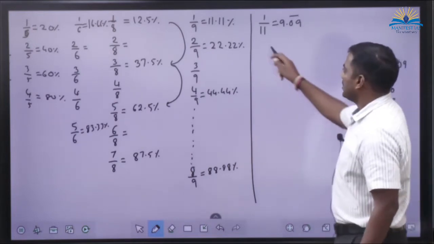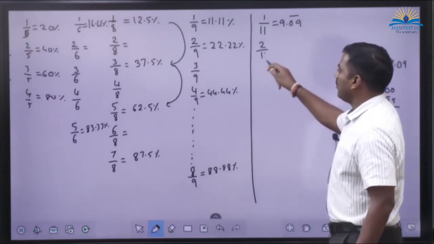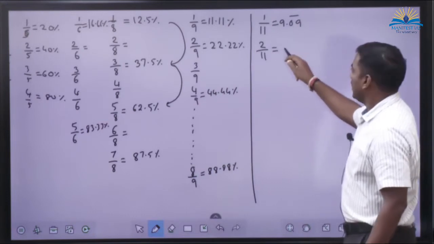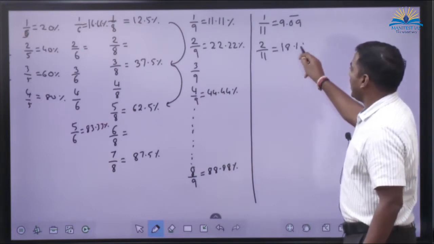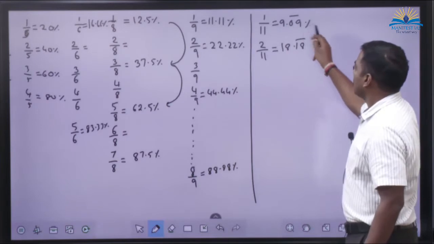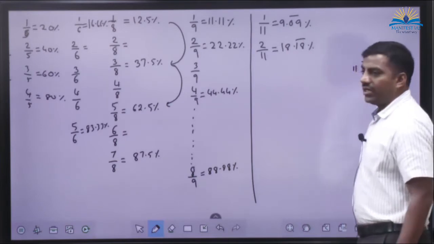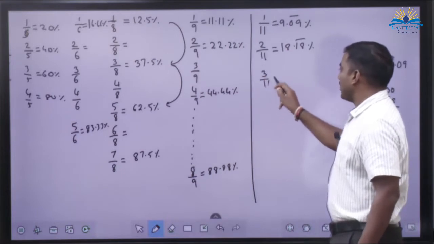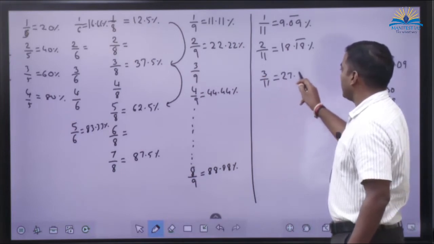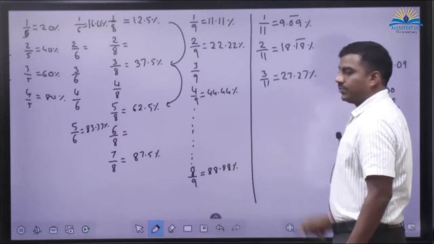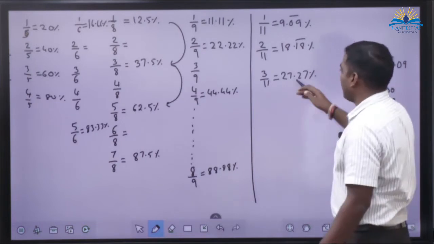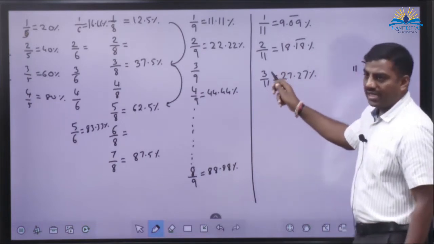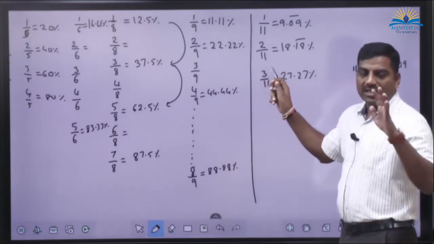Similarly, tell me 2 by 11, what will it be? 2 times of this, 18.18% recurring. Then 3 by 11, 27.27%. So every time, whatever the numerator is, multiply that by 9.